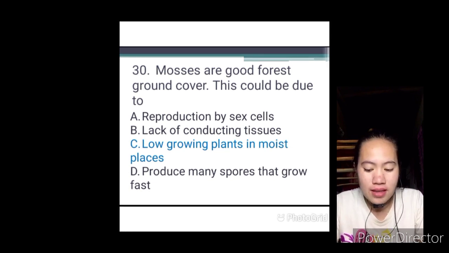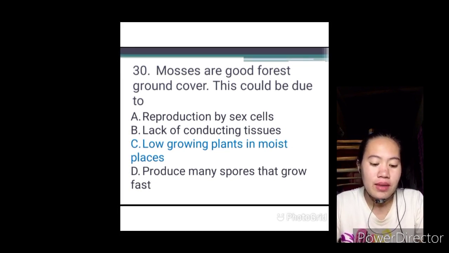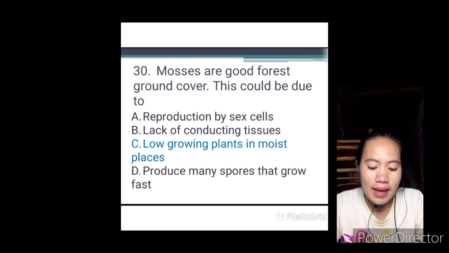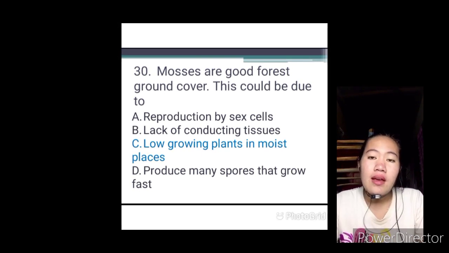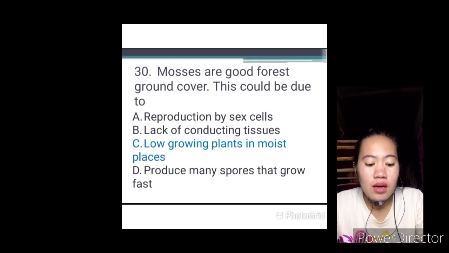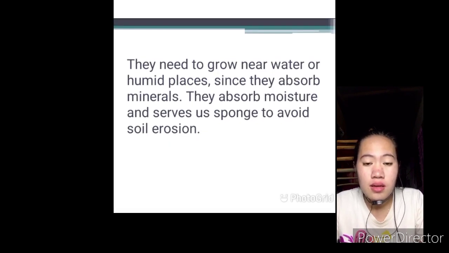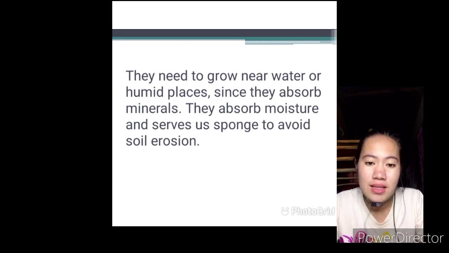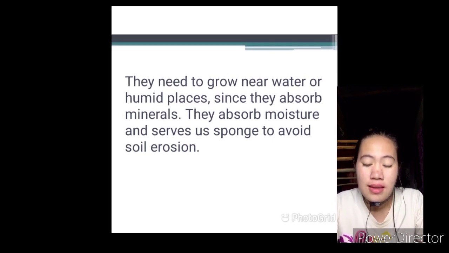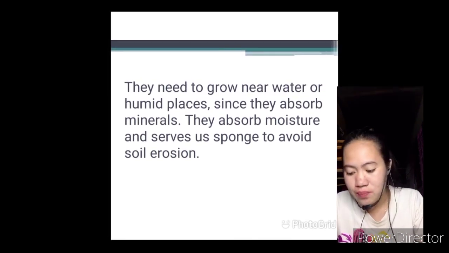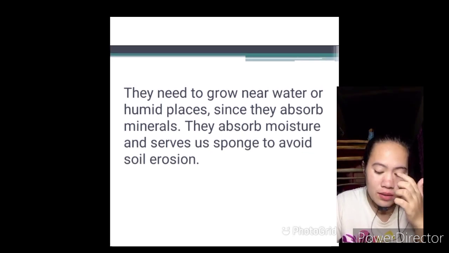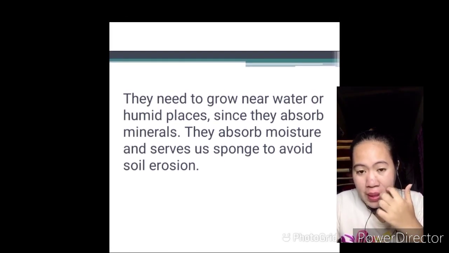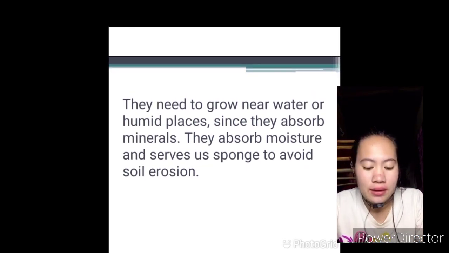So my answer for this is also letter C. They are low-growing plants in moist places. So most or all of the mosses actually grow near water or in a place that has moisture, because they absorb moisture and they serve as a sponge to avoid soil erosion.